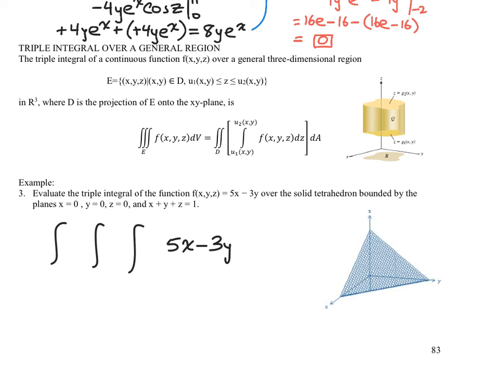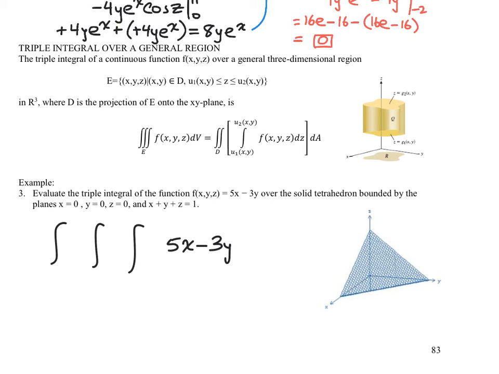Well, we have some relationships that we could work off of here. We know that it's bounded by the planes x equals 0, y equals 0, z equals 0. All right, so x equals 0, you're talking about the yz plane. Y equals 0 is the xz plane, and z equals 0 is the xy plane.